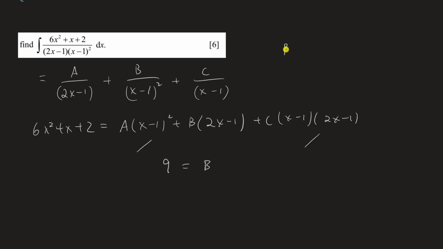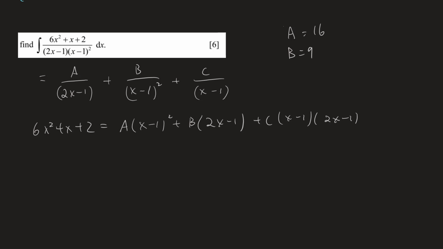So this was my first value, 9. Second of all, let x be half. This will be gone. This will be gone. Half minus 1 will give you 1/4 a equals to 6/4 plus half plus 2. So therefore a would just be 6 plus 2 plus 8, which gives us 16.